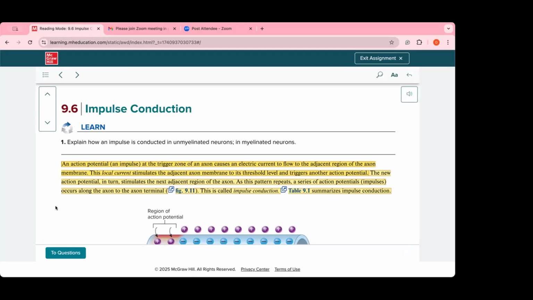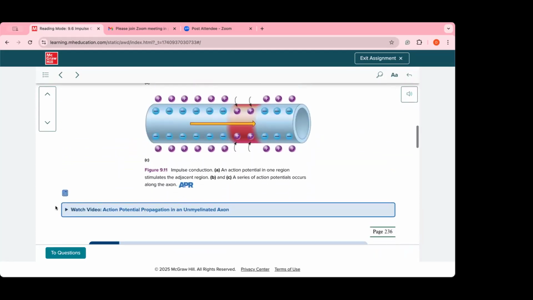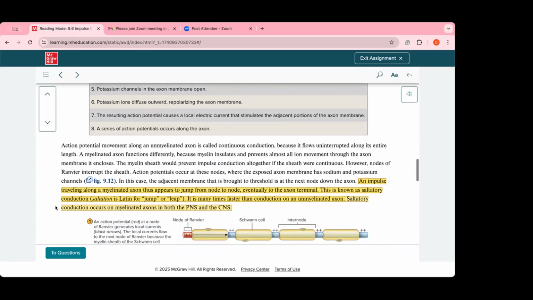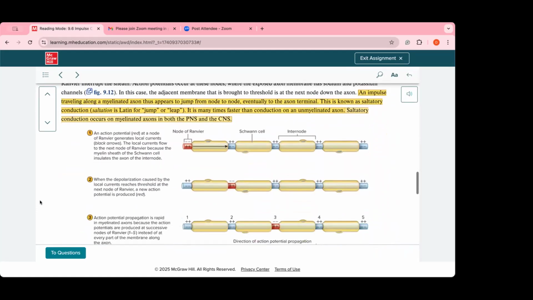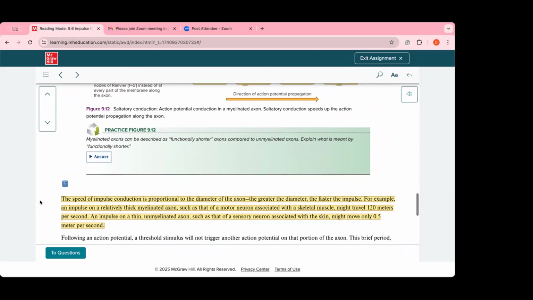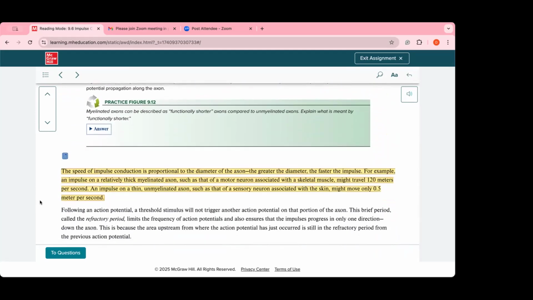Scroll down, I think it's underneath the picture. The speed of impulse conduction is proportional to the diameter of the axon. The greater the diameter, the faster the impulse. So diameter is your answer there.